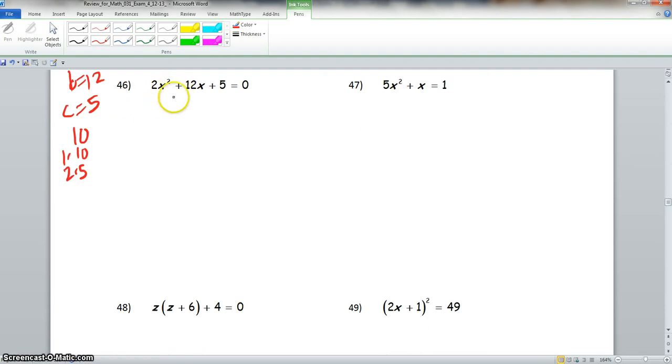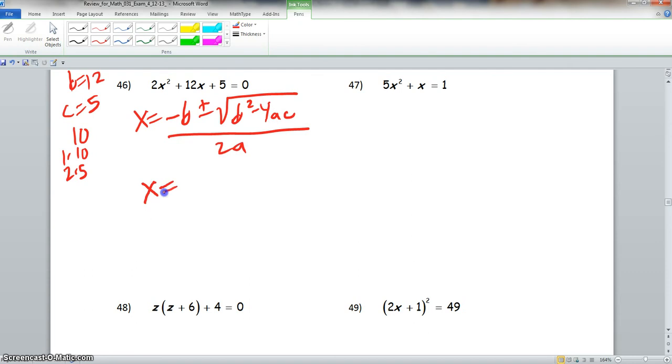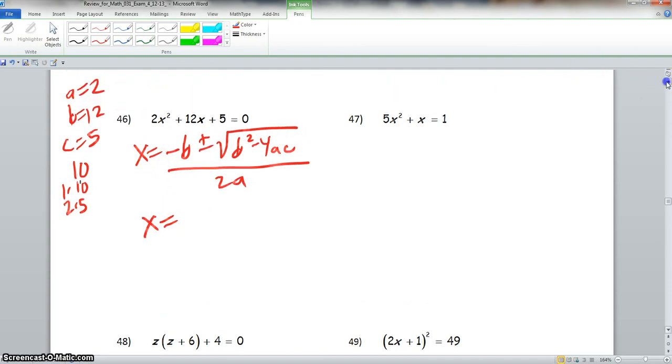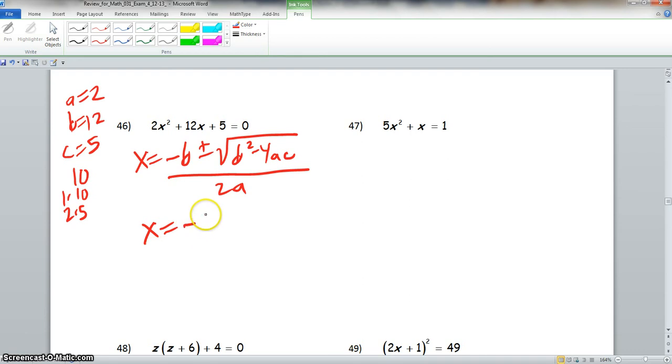Now, since we cannot factor, we must use the quadratic formula, which is x is equal to negative b plus or minus the square root of b squared minus 4ac all over 2a. Now we substitute in the values. We have our a, b, and c, so we had an opposite.